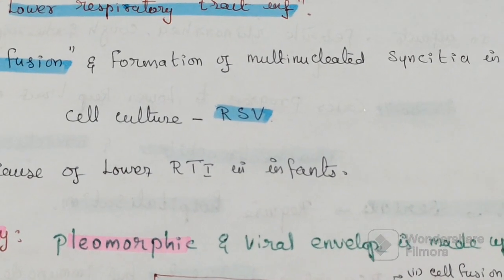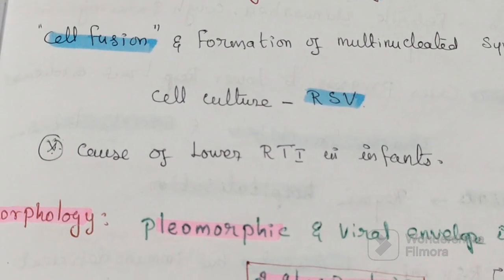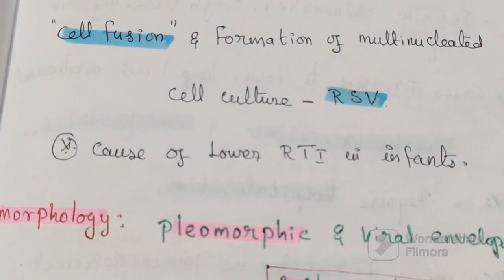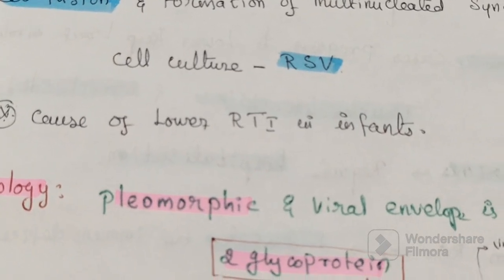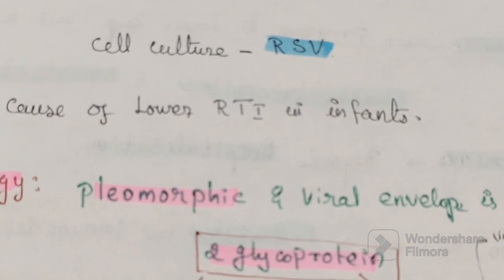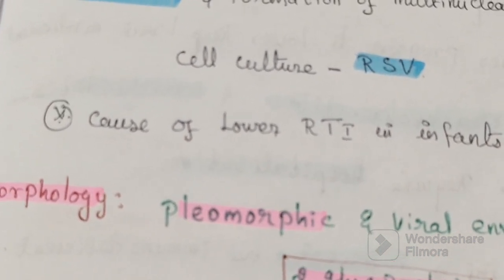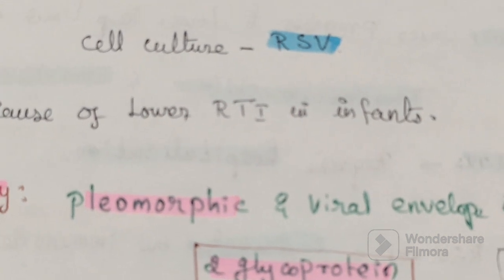So it has the name respiratory syncytial virus. RSV is the most important cause of lower respiratory tract infection in infants.